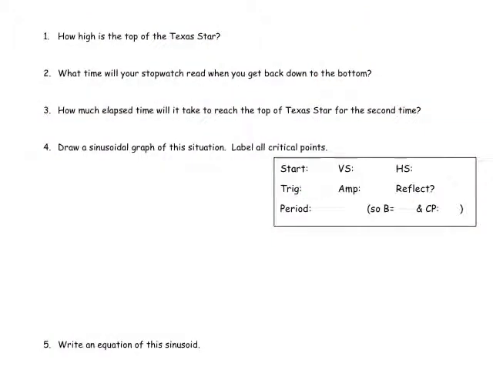All right, so we've talked about a couple of these things. We've said that the maximum height is 220 feet high. And what time will your stopwatch read when you get back down? So that's saying back down here, which was 82 seconds. How much time elapsed for you to reach the top the second time?